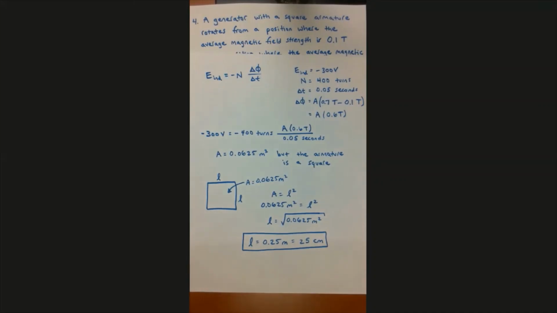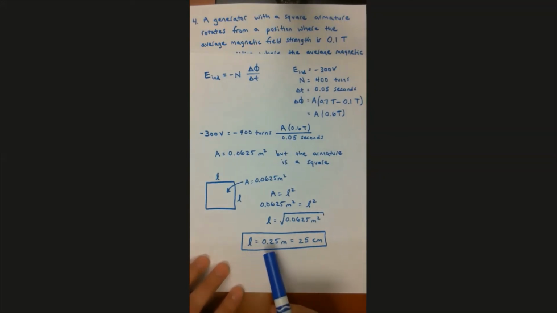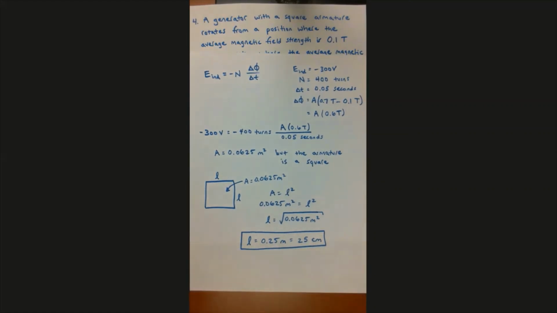Remember, if you take the square root of meters squared, you get meters. So the side length is 0.25 meters, which is the same thing as 25 centimeters, so either one of these is correct. That's the side length for one side of the square armature.